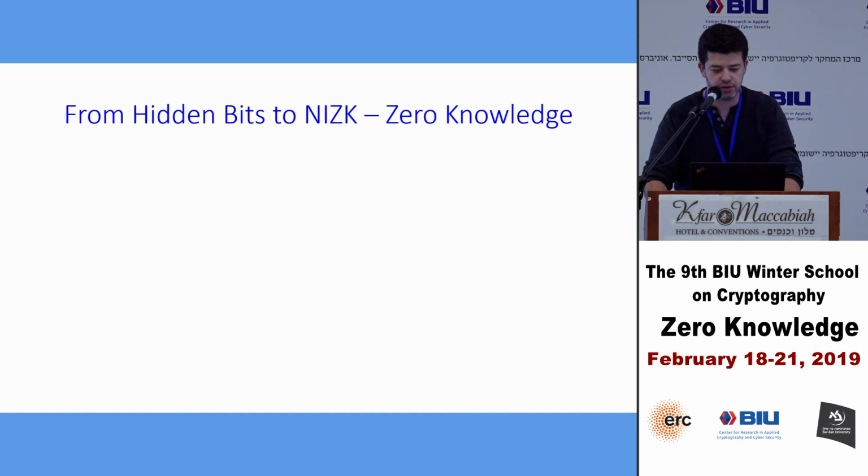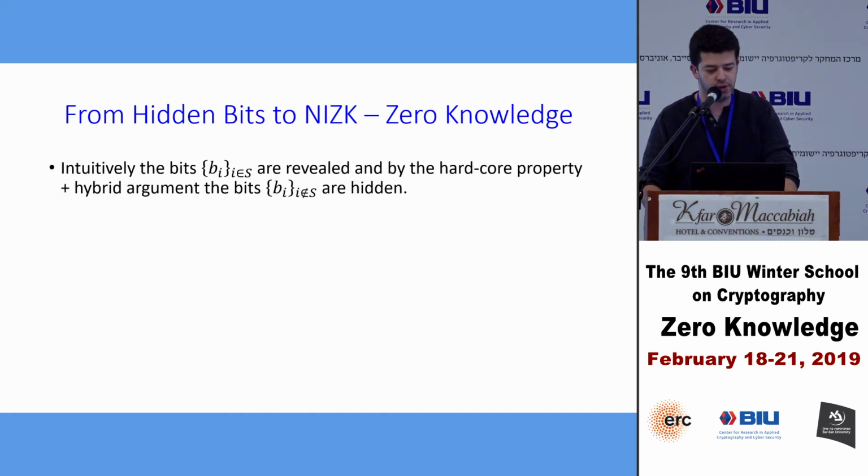So how do we argue zero knowledge? Intuitively, the bits bi for i inside the set S are revealed, but for the other bits not inside the set S, we didn't reveal those xi's, and therefore, by the hardcore bit property, those bi's will remain hidden.